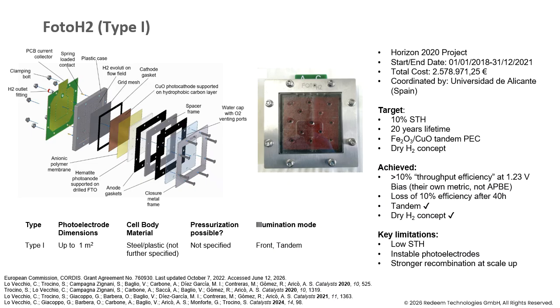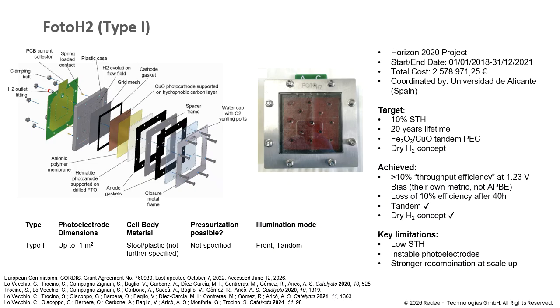So the long-term goals were ambitious, with 10% solar to hydrogen efficiency and 20 years of lifetime. And the reactor models should have an area of up to 1 square meter. And although these targets were not fully reached, the project successfully demonstrated the tandem concept and also the dry hydrogen architecture.